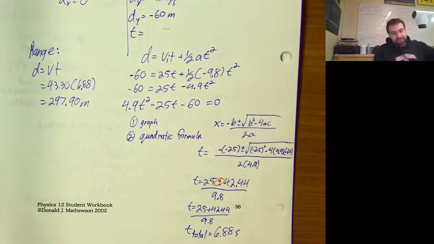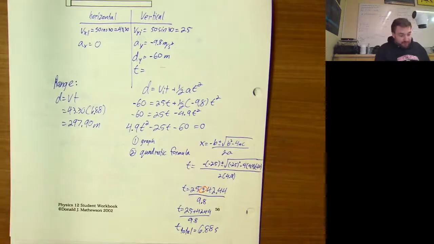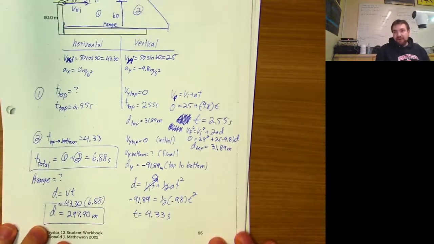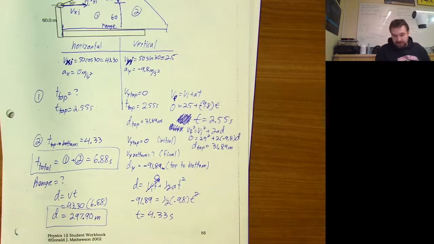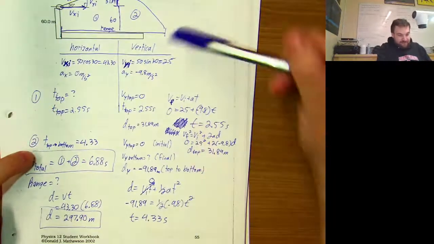We're done. So again, I don't care if it's way less work to use the quadratic formula. The other one, the mathematics is arguably simpler, but the reasoning through it is a lot more complicated. We break it up into part 1 and part 2. We find the time for part 1, the time to the top, and then we have to find the time from the top to the bottom.